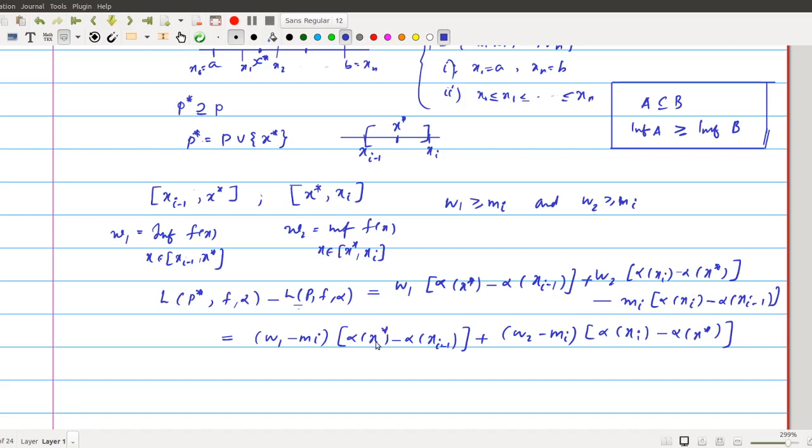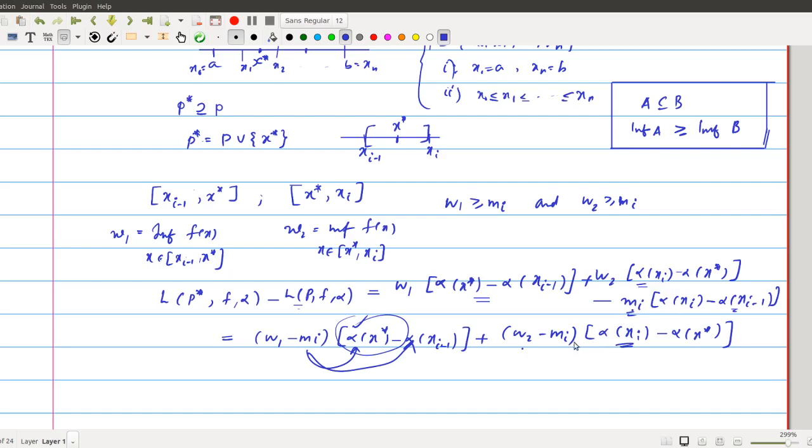We have w1 times this, which is already here, and w2 times this, which is also here. But what is the remaining thing? Minus mi times this bracket means minus mi times this term and minus mi times this term. So that is plus mi times alpha of xi minus 1, which is already here. So minus mi times this is the foreign term in this sum. Similarly, when you observe this one, you know that w2 times this bracket is already there, and minus mi times alpha of xi is here.